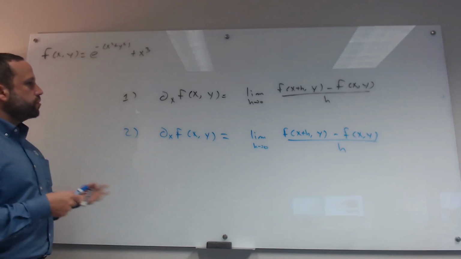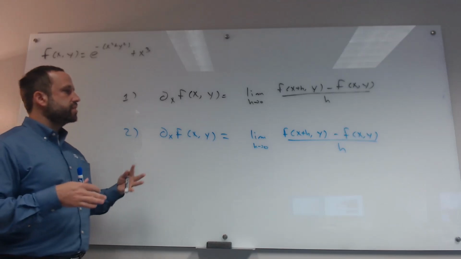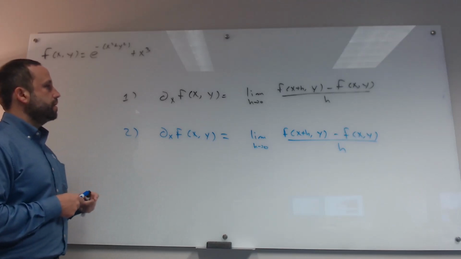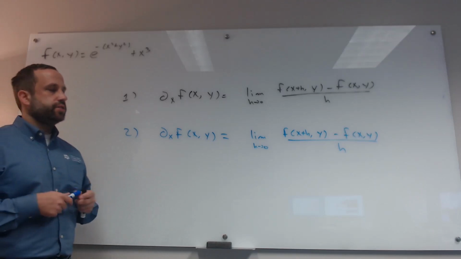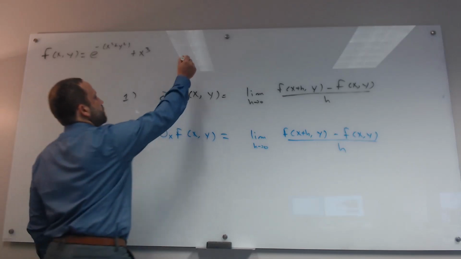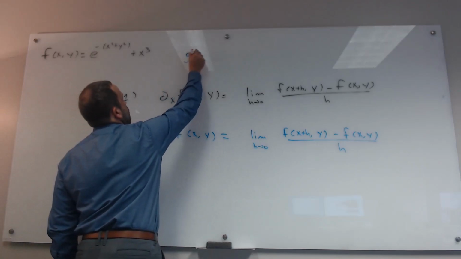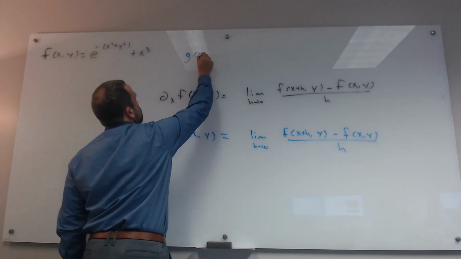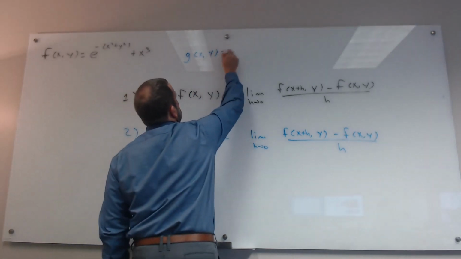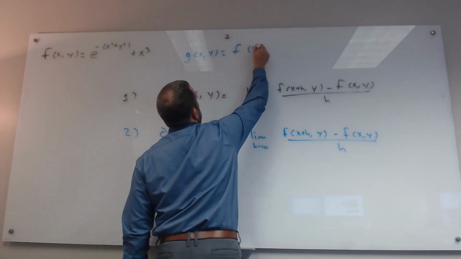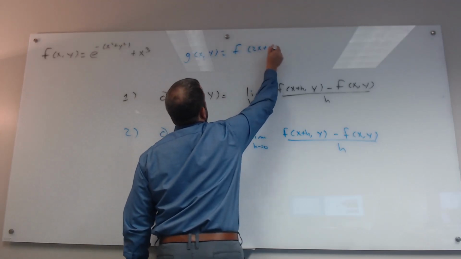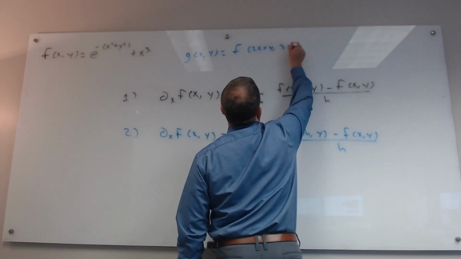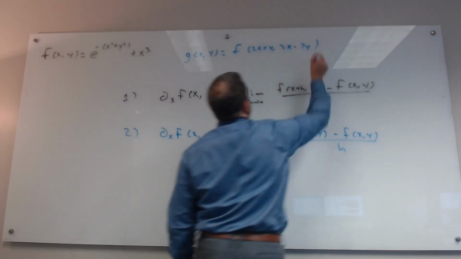Where things can get a little confusing is if I define a new function, g of x, y, and g of x, y is going to be f of 2x plus y, comma 3x minus 7y, something like that.